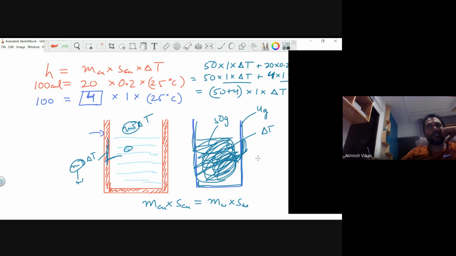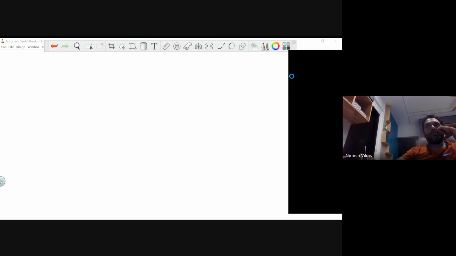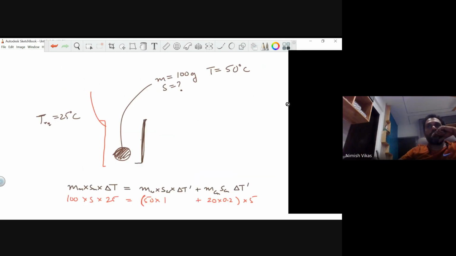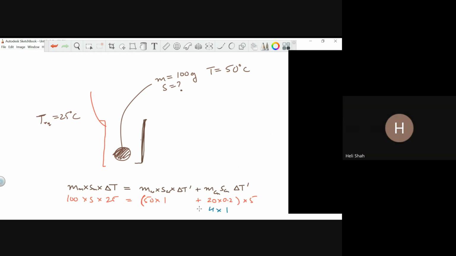Is that clear? Yes, sir. So in the previous calculation, this 20 into 0.2 can be replaced with water equivalent into 1, in this case 4 that you calculated. Is that clear? Yes, sir.